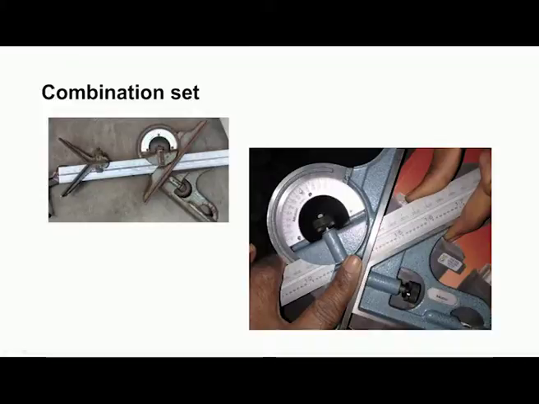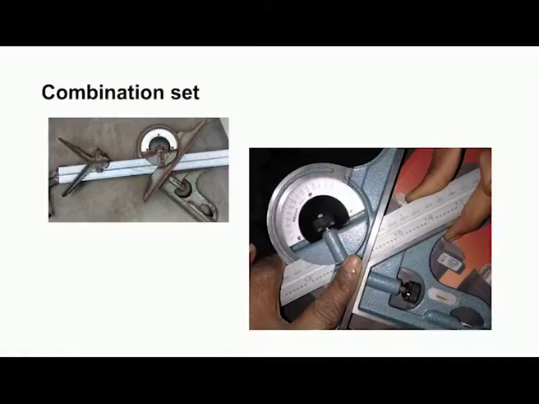The least count of this simple protractor is 1 degree. We have a reference mark here. We can see 0 is marked here. This is the reference, and there is a clamp to clamp the blade on the steel rule at any orientation.